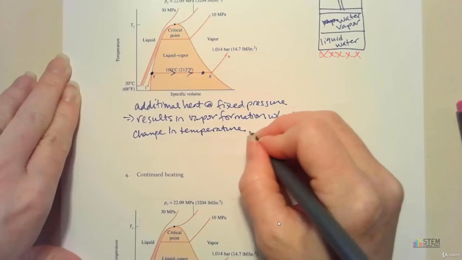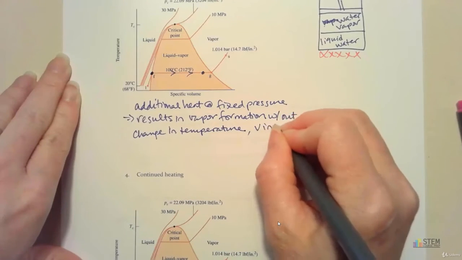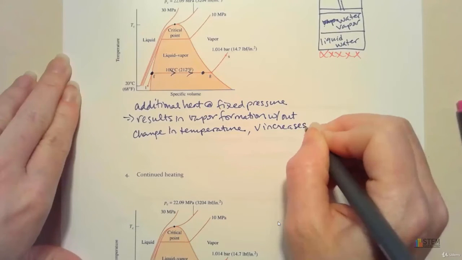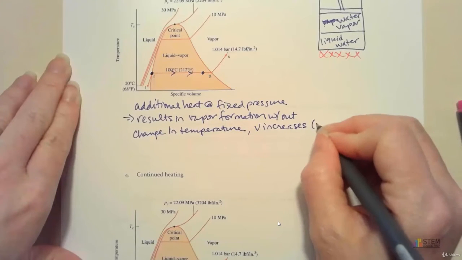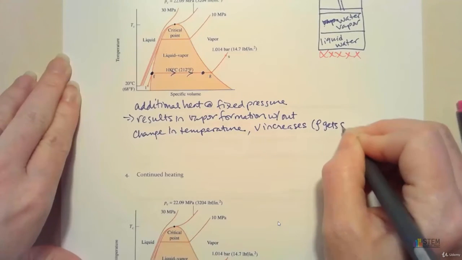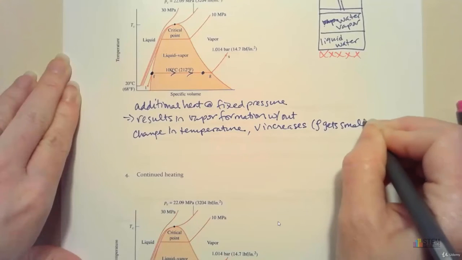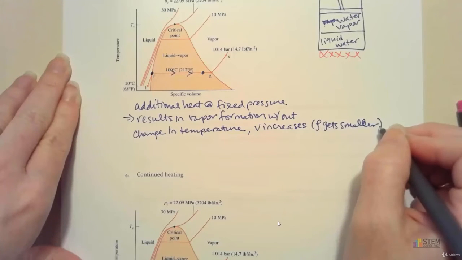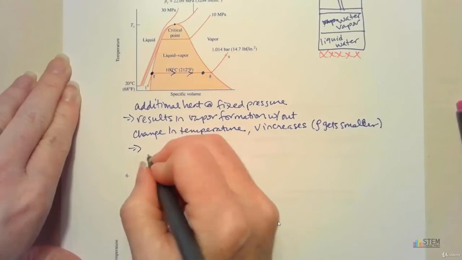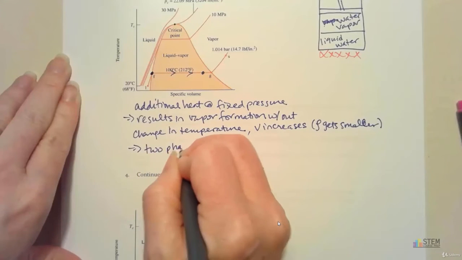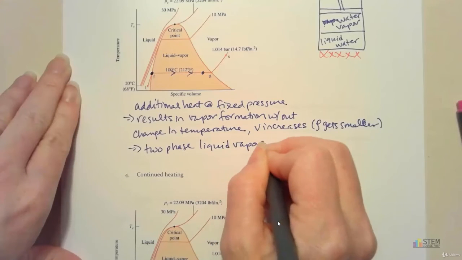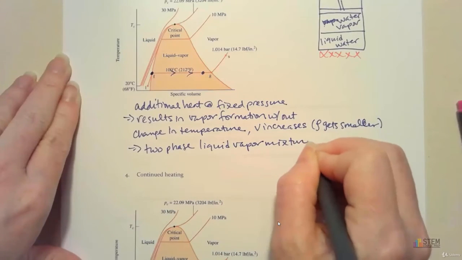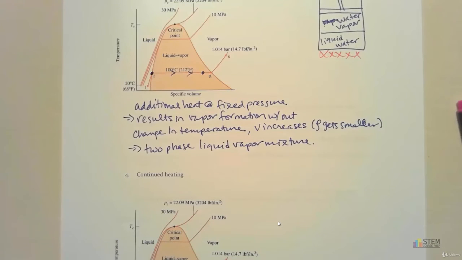Now your specific volume increases, which means density gets smaller. And we end up with a two-phase liquid vapor mixture. That's what we end up with at this point.